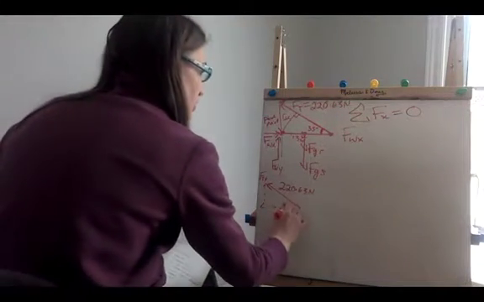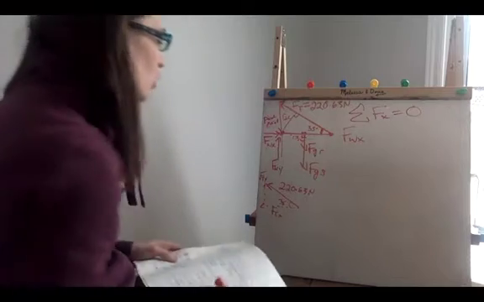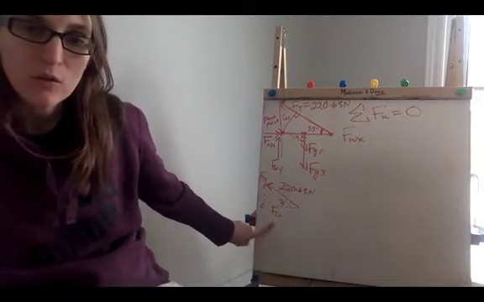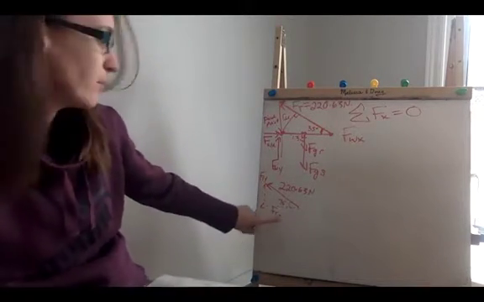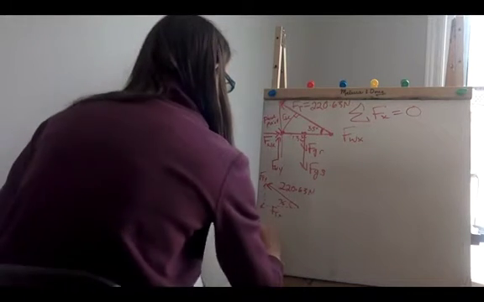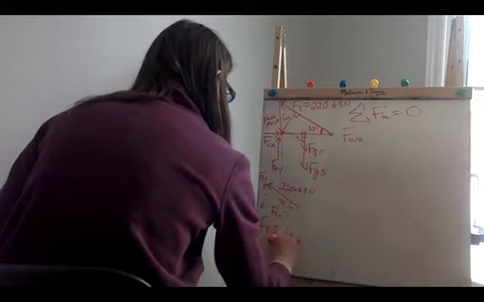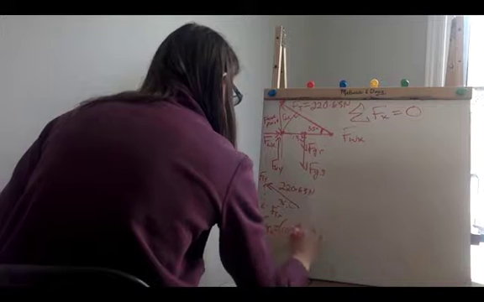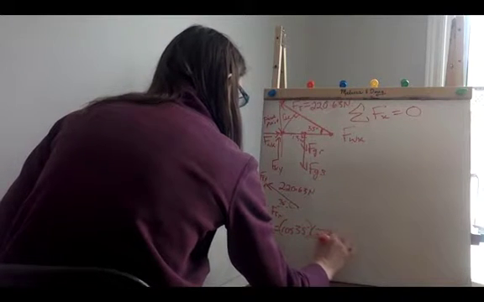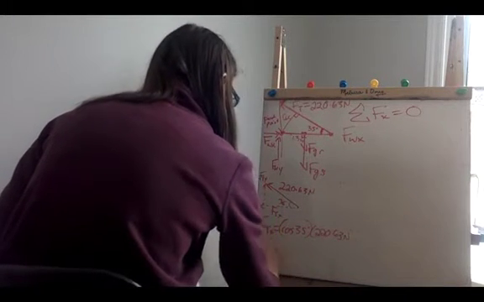And because you know that this is a 35-degree angle, we can find this value just by using some right angle trig. Because it's the adjacent, it's the cosine. So our force of tension in the x is just going to be cosine of 35 degrees multiplied by the 220.63 newtons, okay?